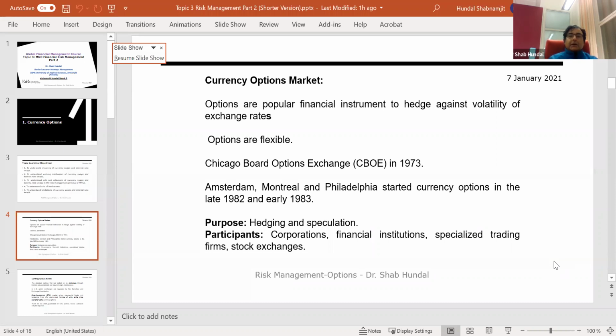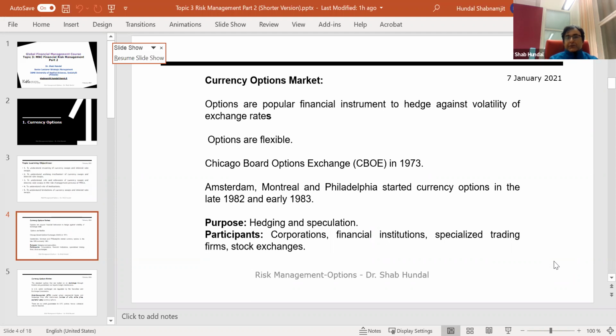It means that come what may, you cannot cancel the contract, even though something changes. Because you see, you are in Belgium. You want to buy something from Australia, and you will be making the payment to this Australian exporter after 6 months. Many things can happen in 6 months.